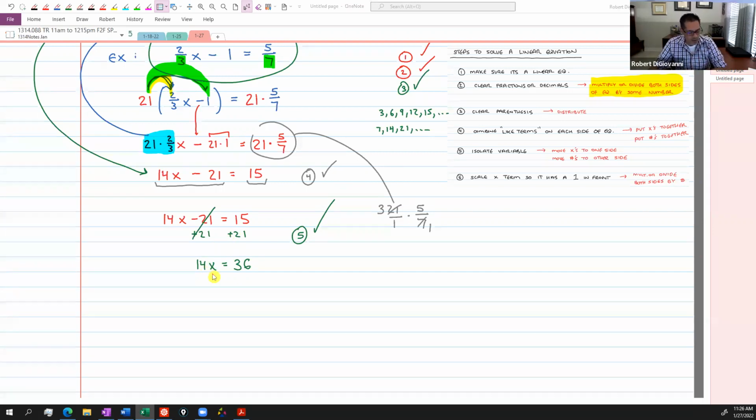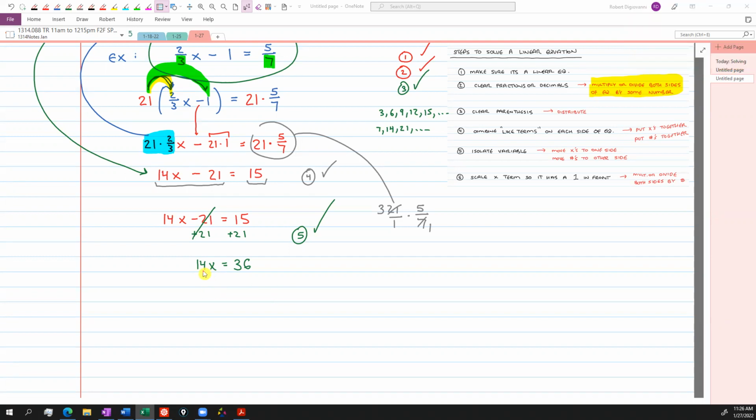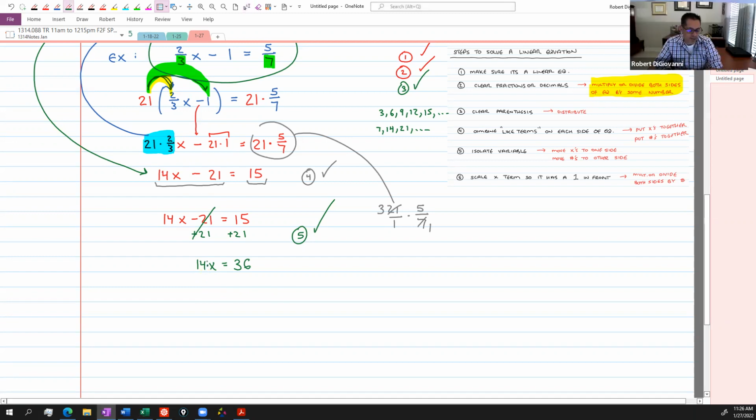What do I want you to do here? Okay, so right now, what's the number in front of the x? 14. 14, and that's being multiplied, right? It's 14 times x. Do you want us to divide that by 14? Okay. Exactly.